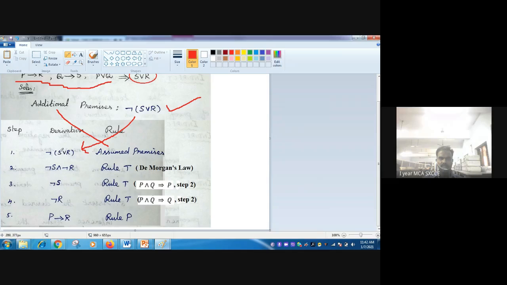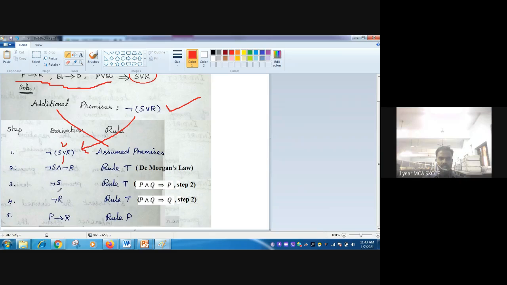We can break the bracket and include this negation for both of the terms. In that way, the cup will be changed to cap.